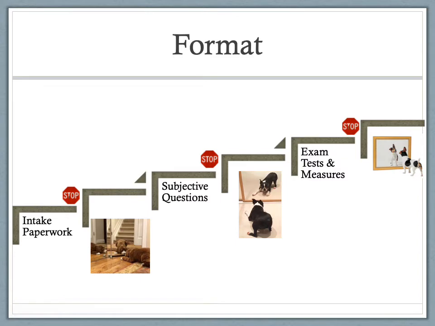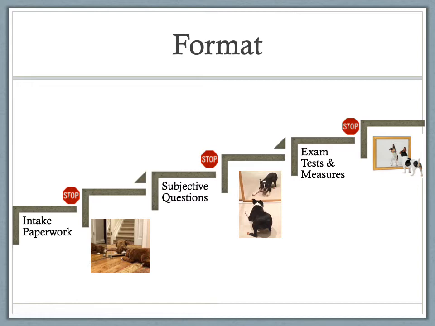And just like the puppies are doing here, we're going to reflect on our hypotheses, any differential diagnosis that we have, and reflect on how we're going to go through the next steps. And then we're going to go through and ask specific subjective questions that we reflected on, stop once we have that information, reflect again, and see, based off of the information that we have, how our hypotheses have changed.